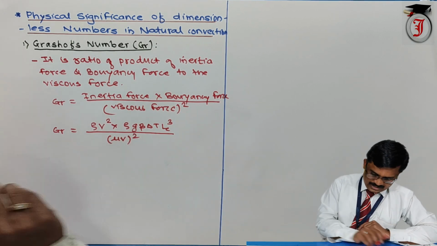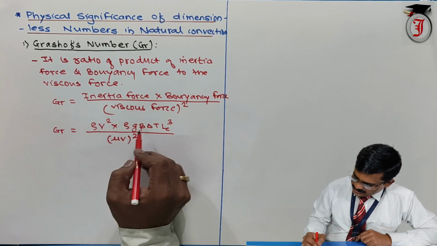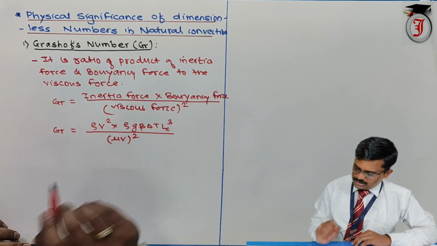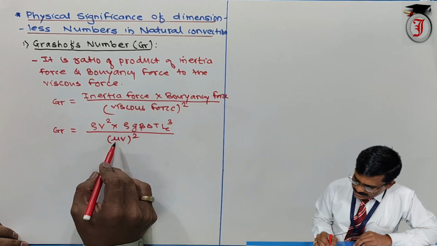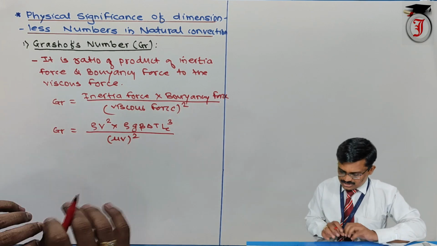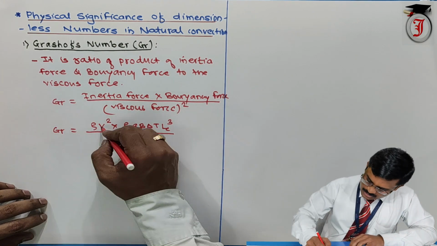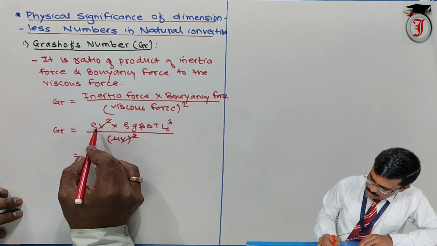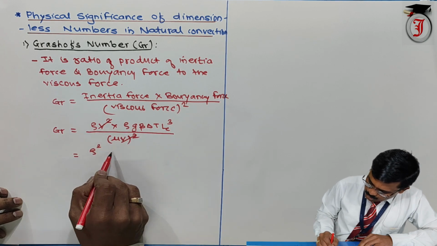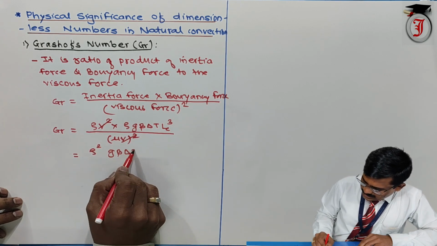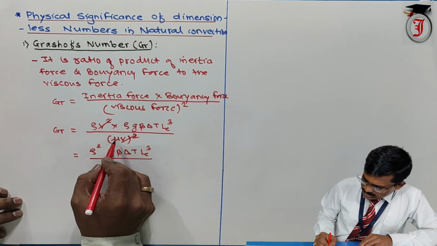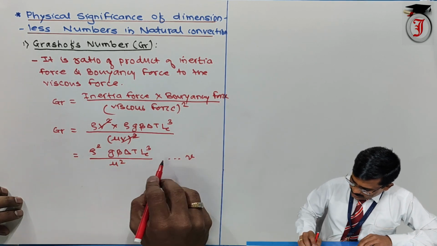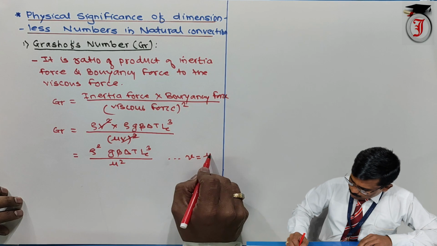So as we have seen, inertia force is related to velocity, buoyancy force is exerted by the fluid on the surface, and viscous force is related to viscosity. So rearrange this equation. As we rearrange, this velocity square gets cancelled. So we get rho square g beta delta T LC cube upon mu square, and we know kinematic viscosity nu is equal to mu by rho.